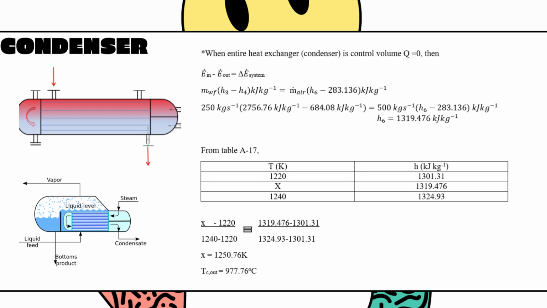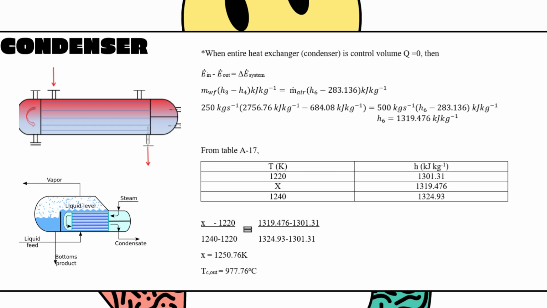This is how our condenser looks like. When entire heat exchanger is control volume Q equals to 0, then E in minus E out equals to delta E system. M WF times H3 minus H4 kilojoules per kg equals to M air times H6 minus 283.136 kilojoules per kg. Insert all the values.